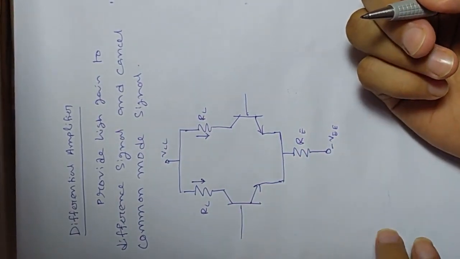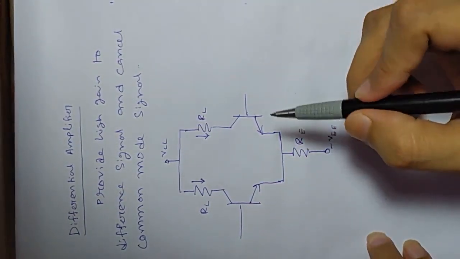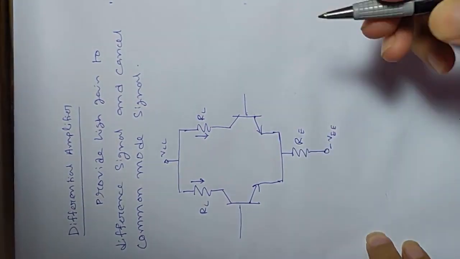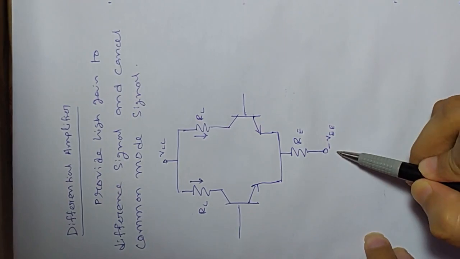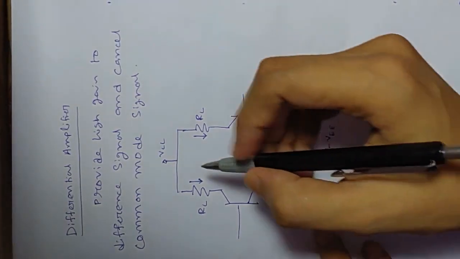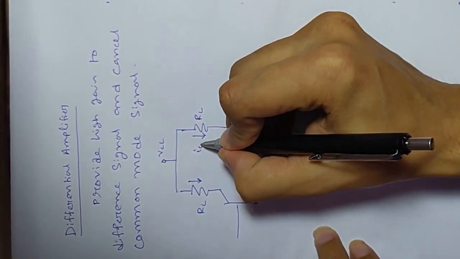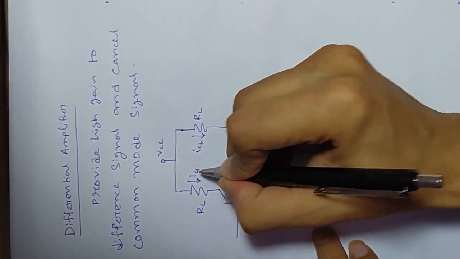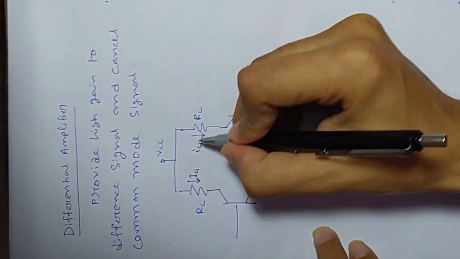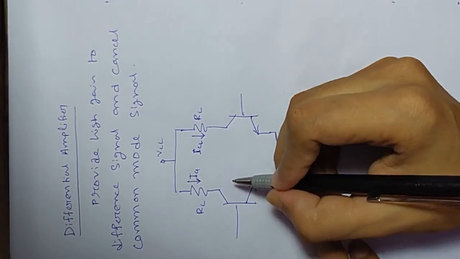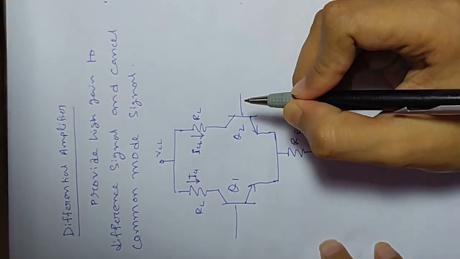So as you can see, we have two identical paths. We have two supplies, plus VCC and minus VEE, and the currents through the branches are IC1 and IC2. The names of these transistors are Q1 and Q2.